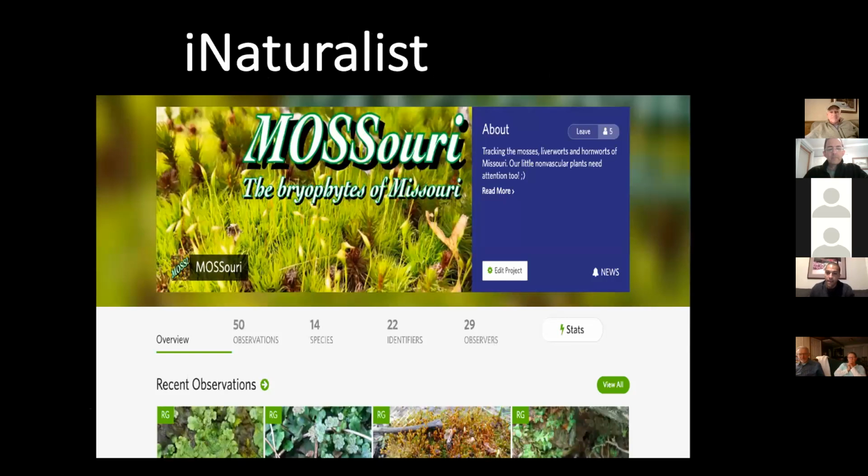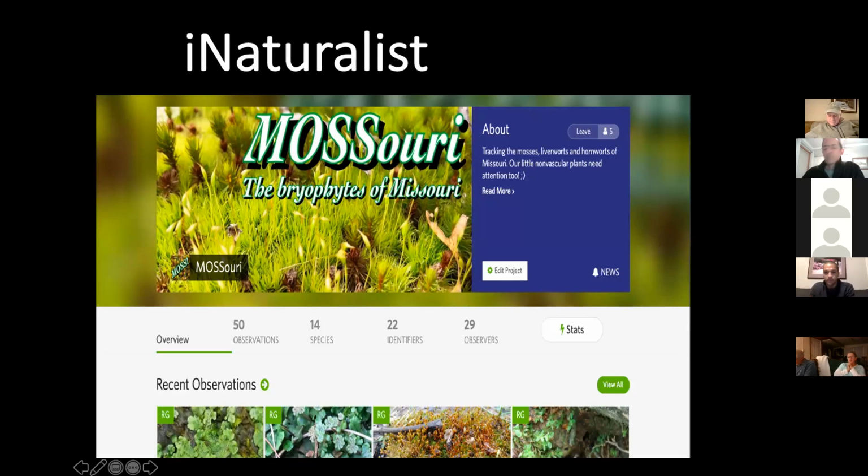If any of you are on the app iNaturalist, my colleague James Fappel, who's much better with this app than I am, helped me make this project within iNaturalist, Moss Missouri. Any moss observation that's tagged in Missouri and uploaded to iNaturalist will show up on here.